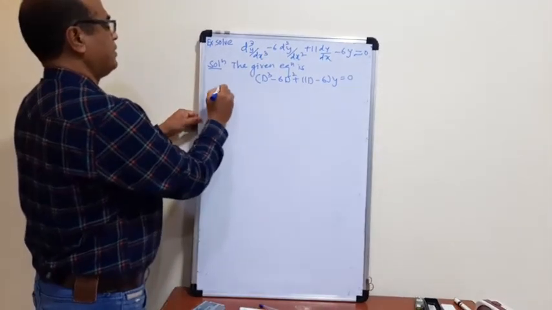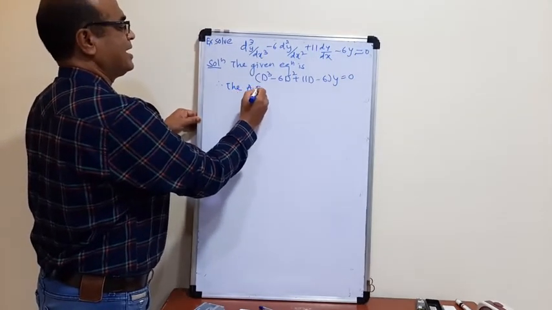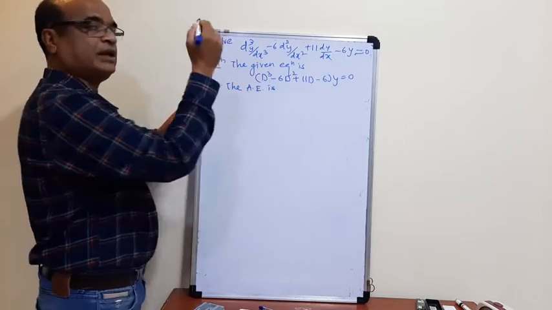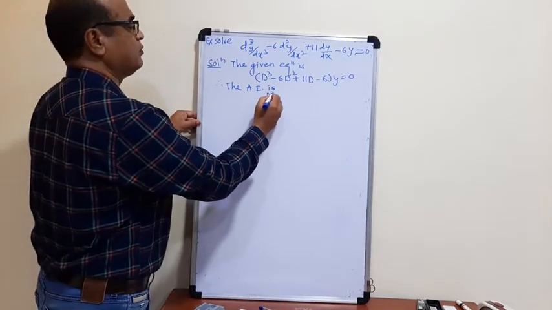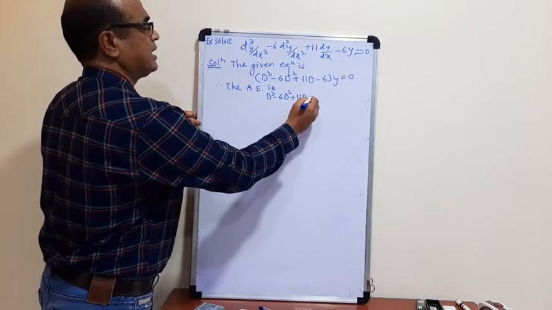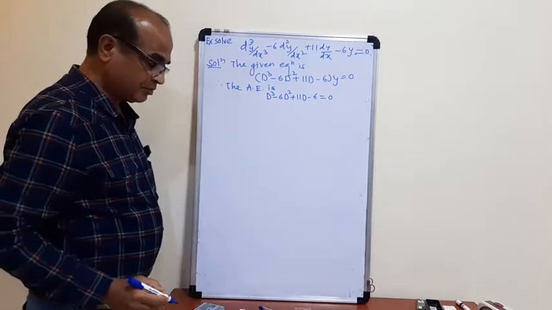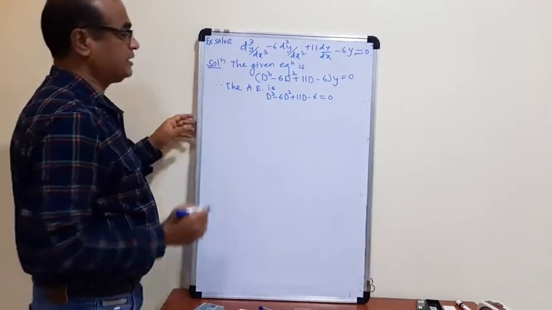Therefore, the auxiliary equation is d cube minus 6d square plus 11d minus 6 equal to 0. To find the roots of that equation, we write the auxiliary equation.